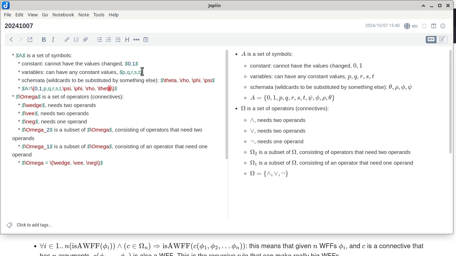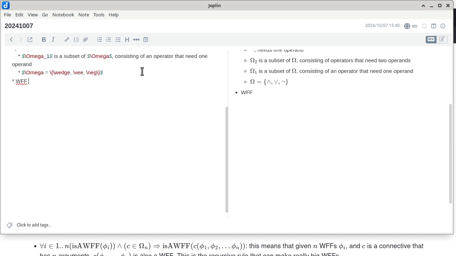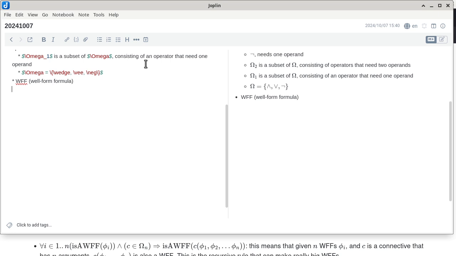All right. So now we can define the next section, which defines what a WFF is. It's not WTF, it is WFF, which stands for well formed formula. So what exactly is a well formed formula?